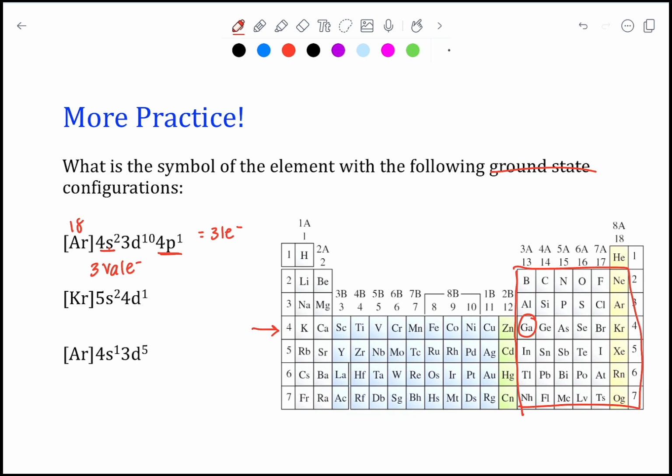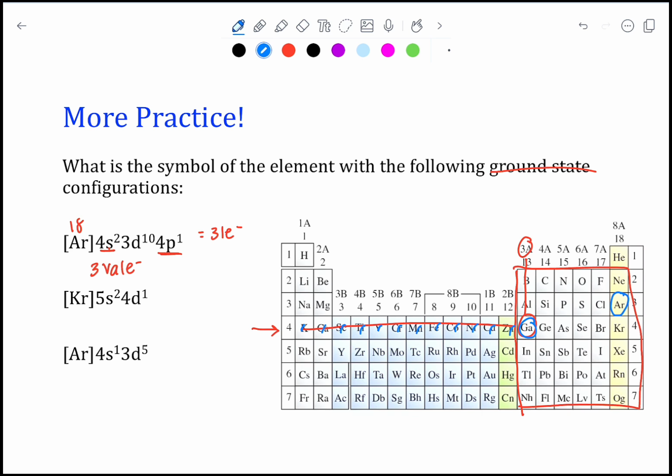So row 4, group 3, because there's 3 valence electrons, is then gallium. You could do that as well. Or you could start with argon, and you know that there's 13 electrons after that, so you go argon, 1, 2, 3, 4, 5, 6, 7, 8, 9, 10, 11, 12, 13. You could do it many different ways.